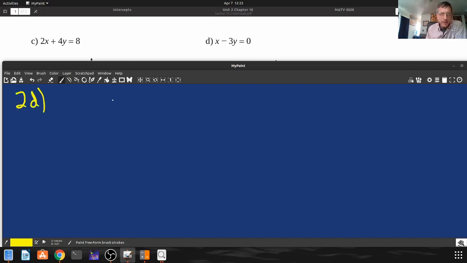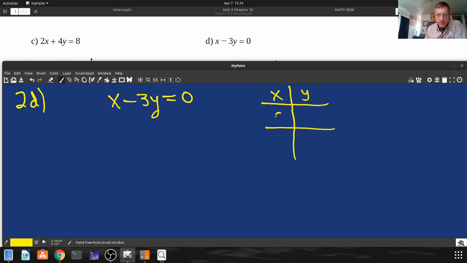And we're given the equation x minus 3y is equal to 0. So I do my kitty corner zeros. And again, the first row corresponds to the y-intercept. The second row corresponds to the x-intercept.